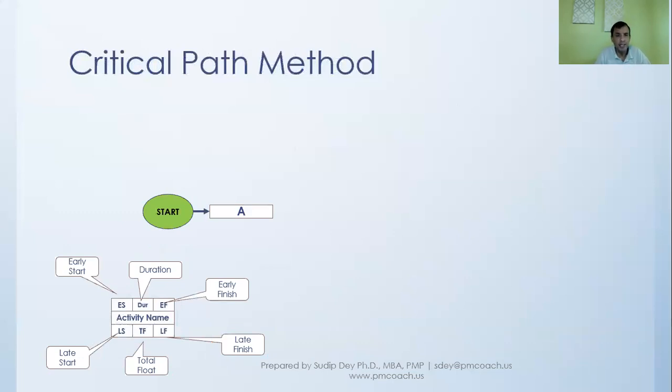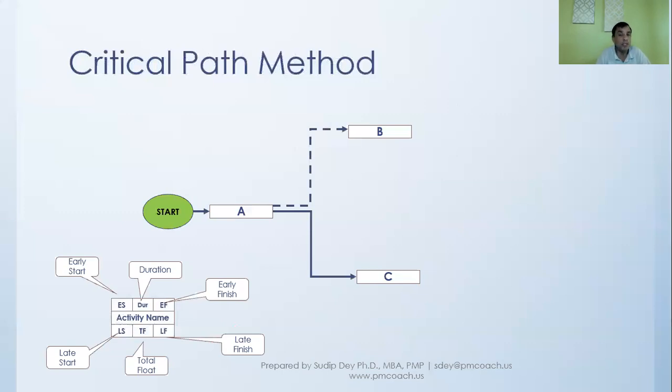Let's say in this project, we start with an activity A, and then after activity A, we have activity B and activity C, because B can be done only after activity A is finished, and C can be done again only after activity A is finished.